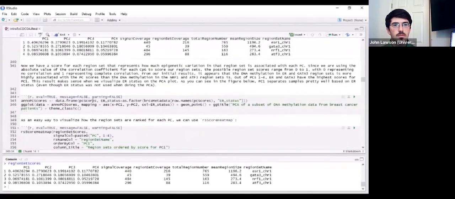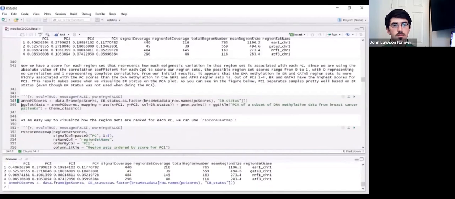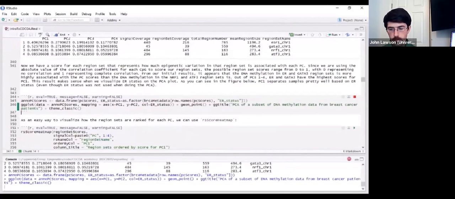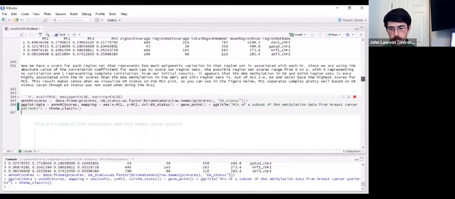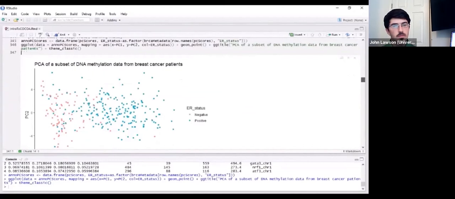And so basically the interpretation we would have is that, well, it looks like the top principal components are associated with estrogen receptor, with DNA methylation variation in these estrogen receptor binding regions, which would make sense since that's such a big prognostic factor in breast cancer. And so let's just go ahead and look at the plot with known annotation.